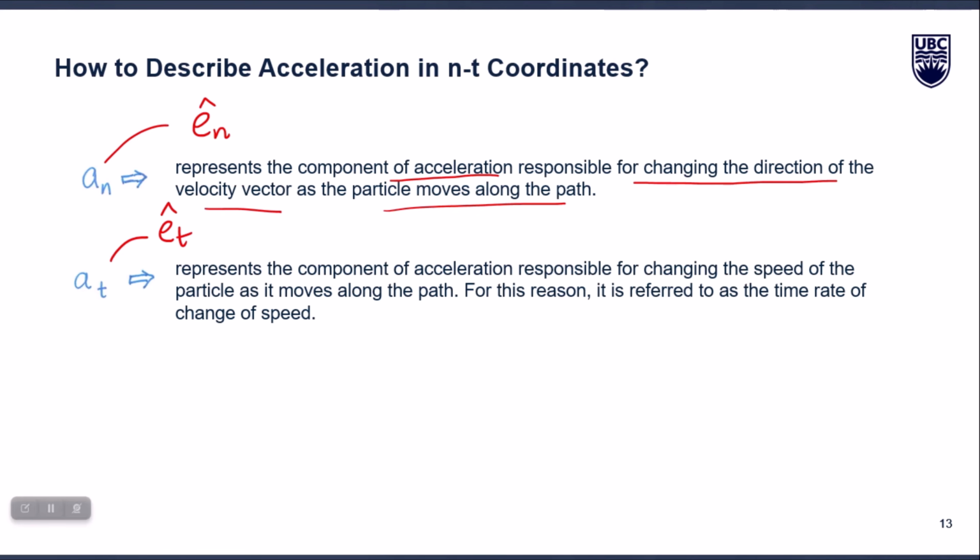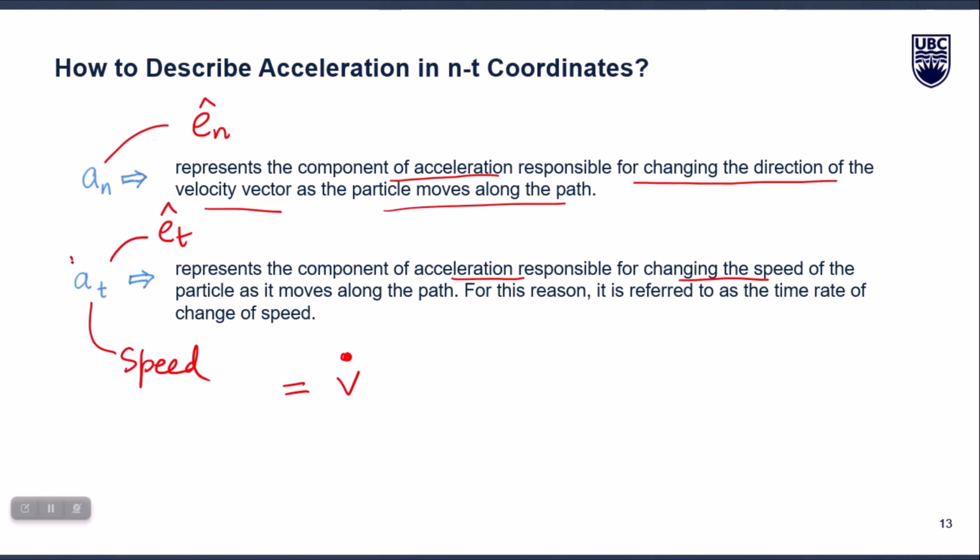So a sub t represents the component of acceleration which is responsible for changing the speed of the particle. If it is increasing, it is in the positive t. If it is decreasing, it is in negative t, right? And therefore a sub t is equal to v dot. So the effect of change in speed of the particle is captured by a sub t, right?